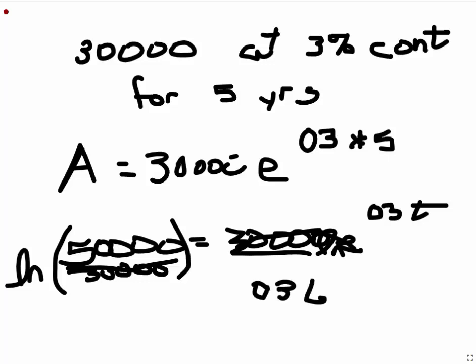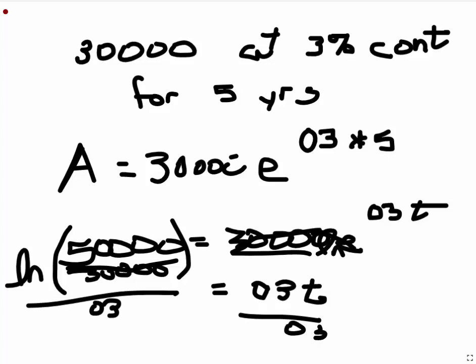That's just using the laws of logarithms, which means the exponent comes down in front, and then to solve for t, I simply divide by 0.03. So on my calculator, I just do the natural log of this divided by 0.03, and that will be the time it will take for 30,000 to go to 50,000 at that percentage rate.